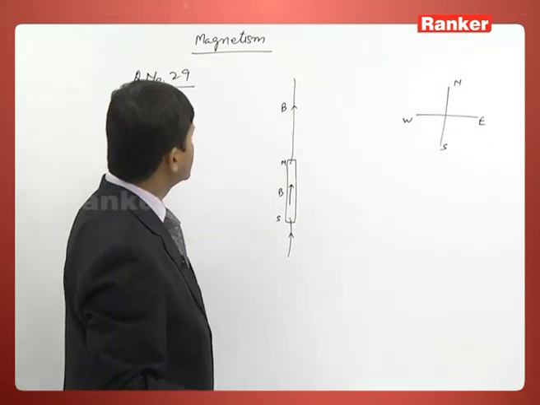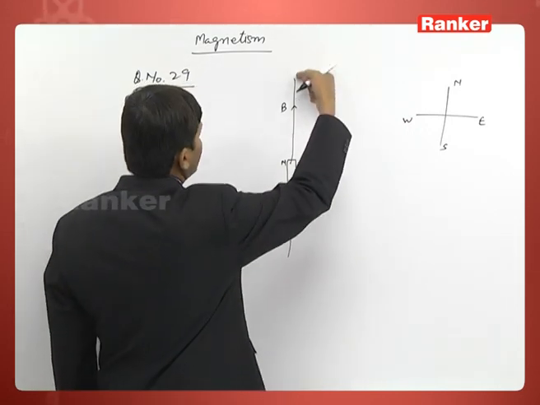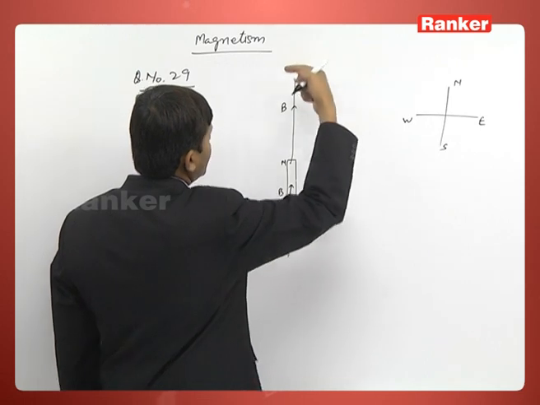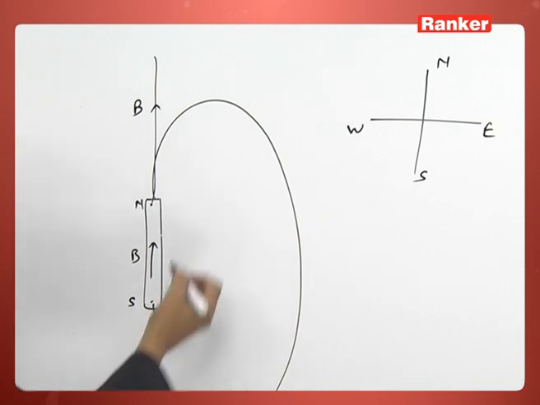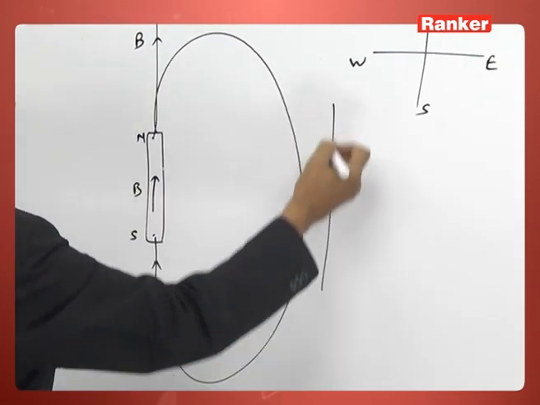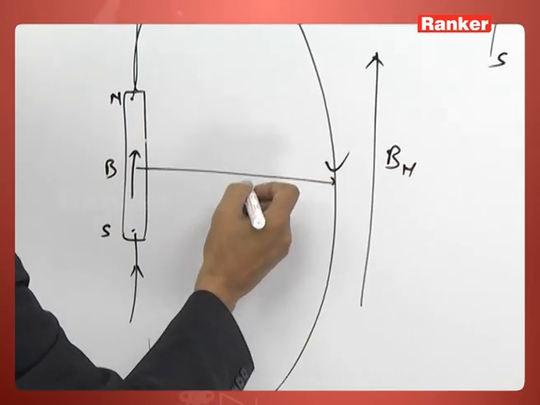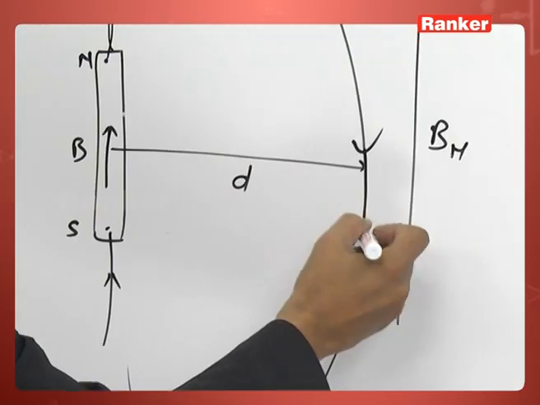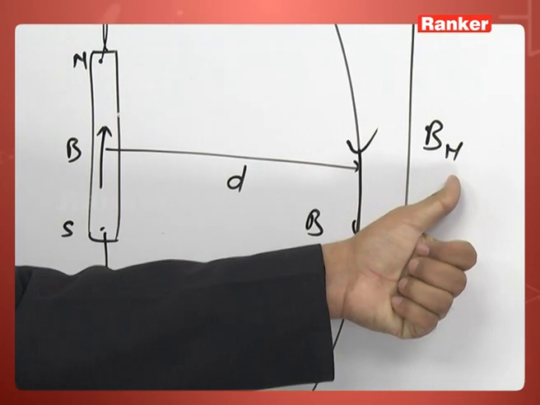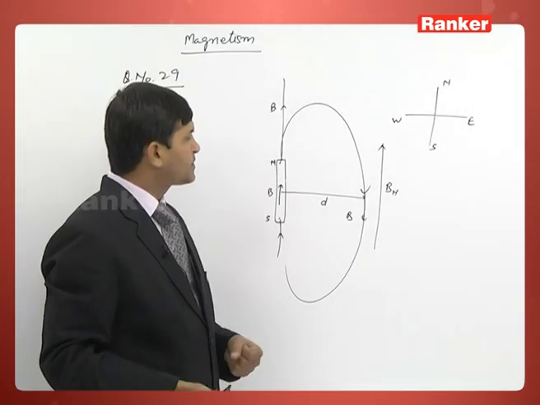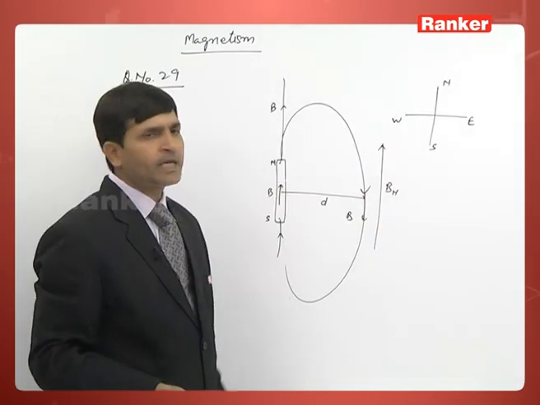Now when we are talking about the neutral point, the lines of force will be like this, in that manner, and they may go like this. The Earth's magnetic field is in this direction, BH. So this is the distance d. The magnetic field due to the bar magnet and the Earth's magnetic field BH make a neutral point here.